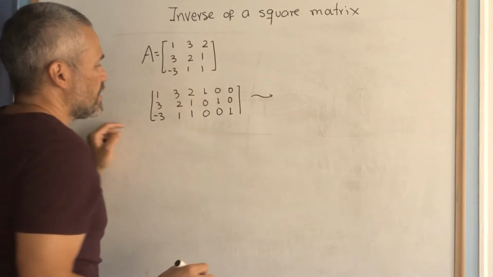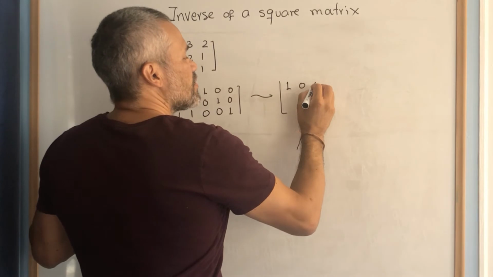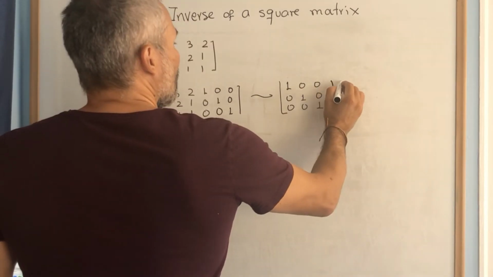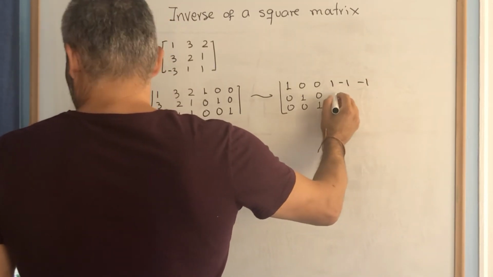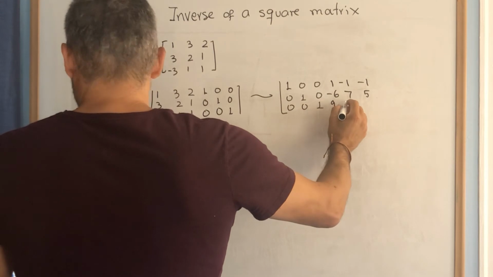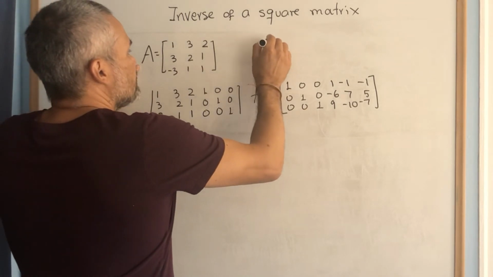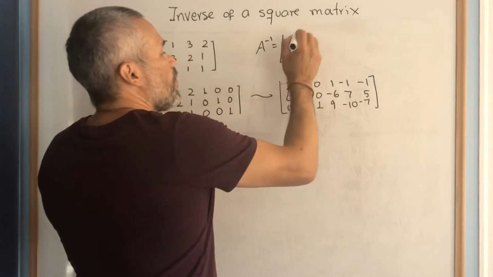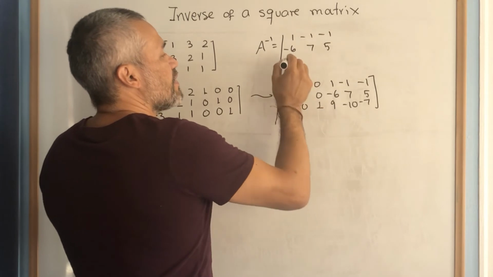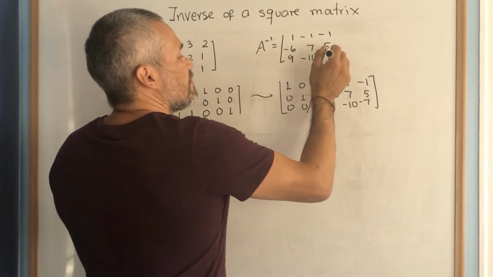And then we find the reduced echelon form of this matrix, which is the identity, 1, 0, 0, 0, 1, 0, 0, 0, 1, followed by 1, negative 1, negative 1, negative 6, 7, 5, 9, negative 10, negative 7. The inverse of A is the matrix 1, negative 1, negative 1, negative 6, 7, 5, 9, negative 10, negative 7.